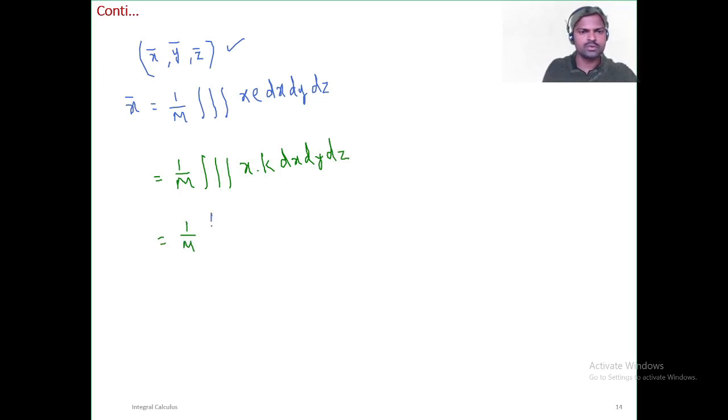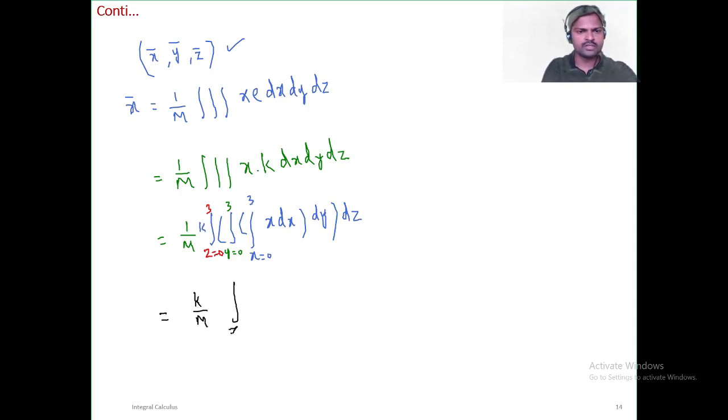Let us substitute all the values. x is running from 0 to 3, y is also running from 0 to 3, and z is running from 0 to 3. k is a constant, so I am writing it completely outside. So x into dx, after that with respect to y, after that with respect to z. Therefore k over m.